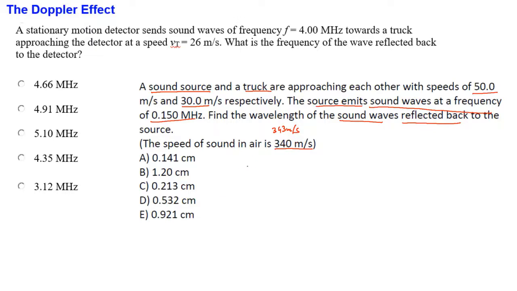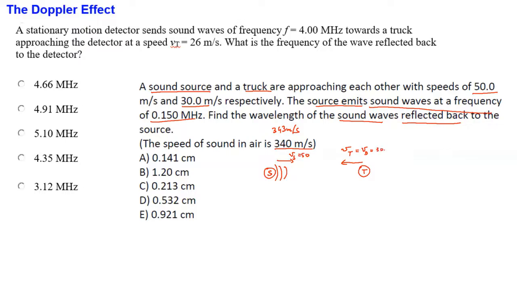Of course, this is the original situation. This is my sound source moving at Vs, which is 50. And this is my track moving at this speed, V track, which is Vd, the detector at the beginning.